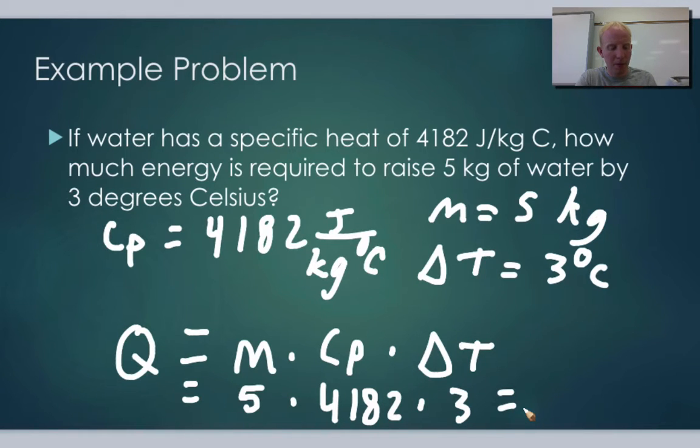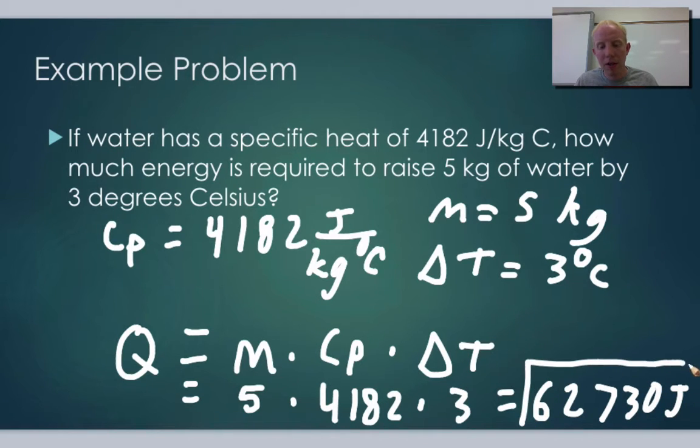So 5 times 4,182 times 3. And the amount of heat that we need is 62,730 joules. So this is how much energy we need to put into the system to raise it by that much temperature.